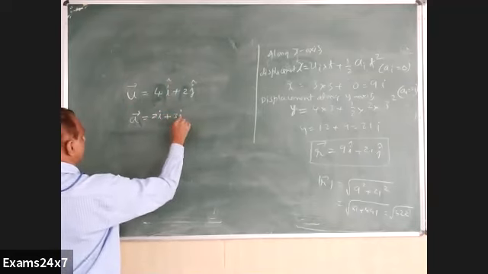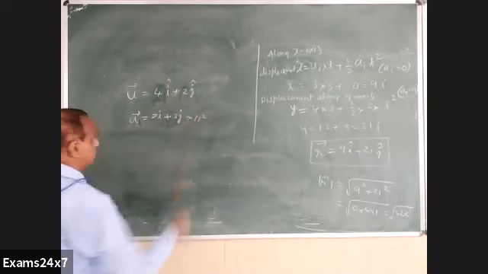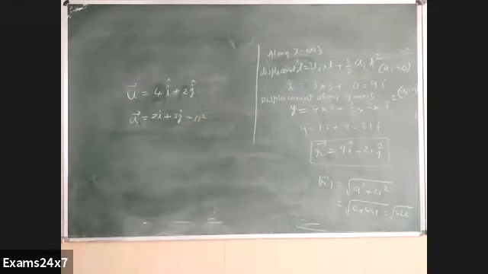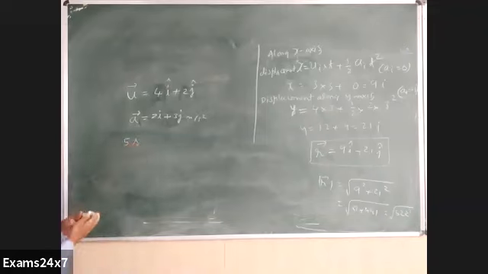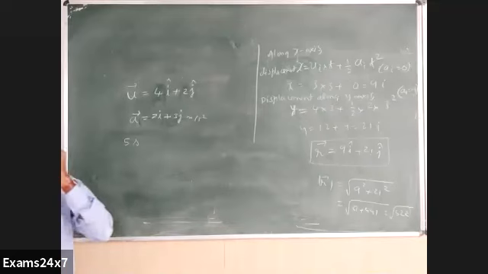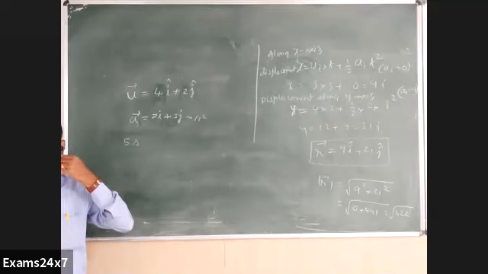Now we have got acceleration along both the directions, 2i plus 3j. Find the velocity after 5 seconds. Velocity after 5 seconds and its magnitude.